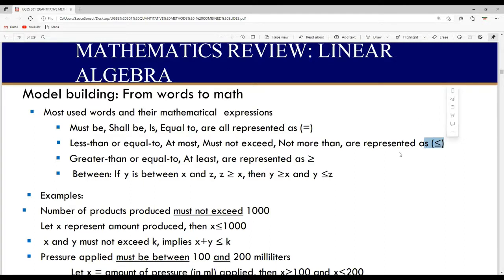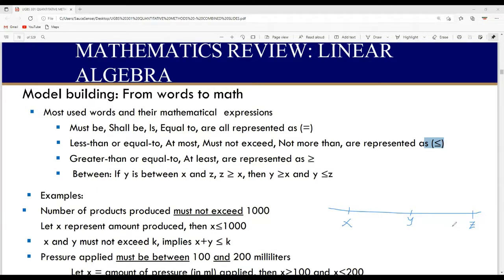Then between. If y is between x and z, what does it mean? Let's take a look at this. This is a straight line. If y is between x and z, x is here, z is here, and y is between them.